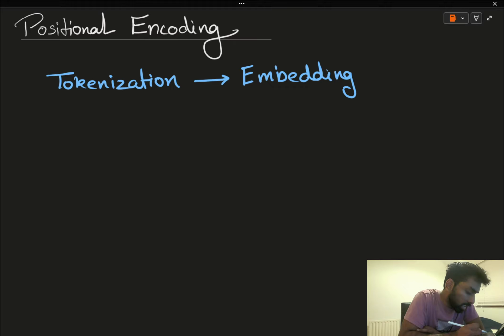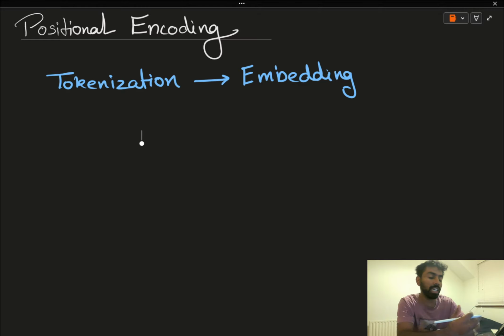Tokenization is to basically convert a word into a numerical representation, and then embedding is to combine meaning into those numerical representations, so basically converting into embedding vectors.